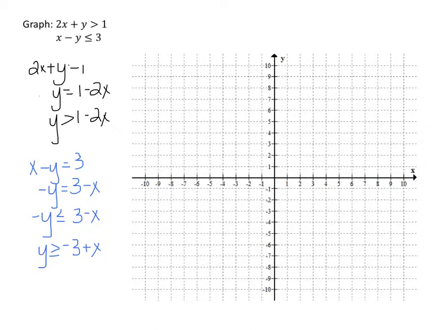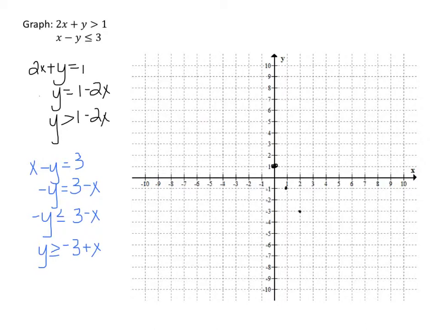So my first graph, y is greater than 1 minus 2x. My y-intercept is 1. And with a slope of -2, that means you move down 2 and over 1, down 2 and over 1. So here are my points.